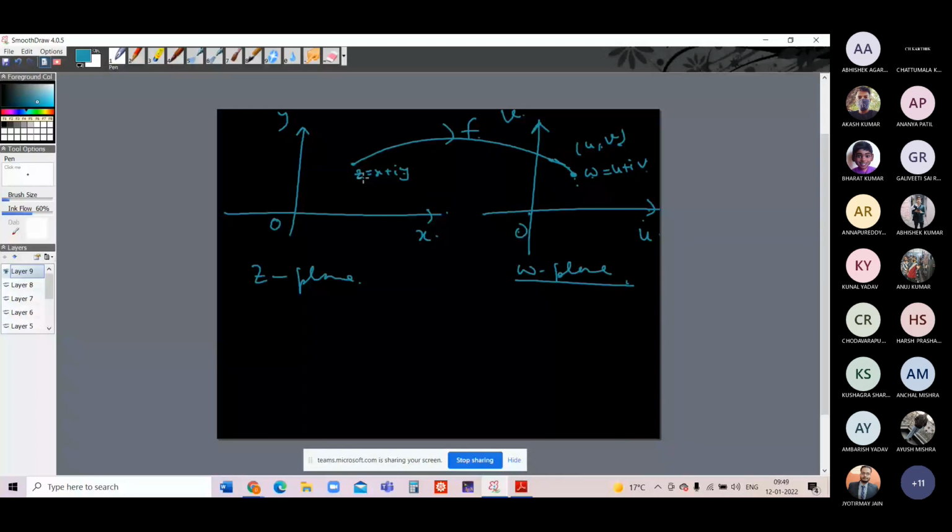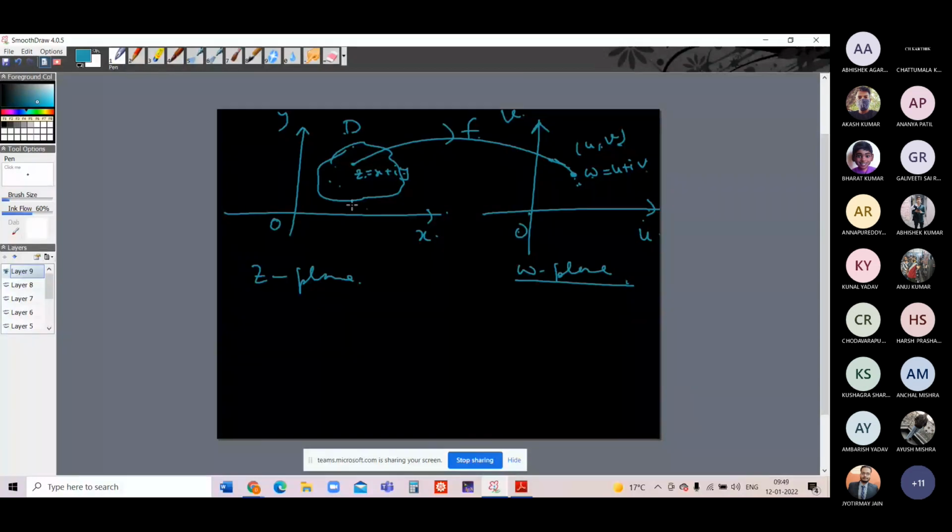Suppose we are considering a domain D. In this domain there will be several points inside D. Domain means an open and connected set. So we are taking a domain D in this z plane.